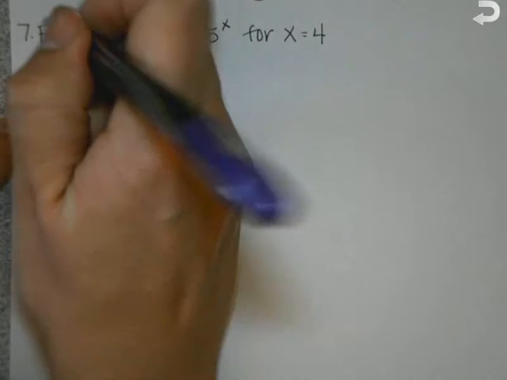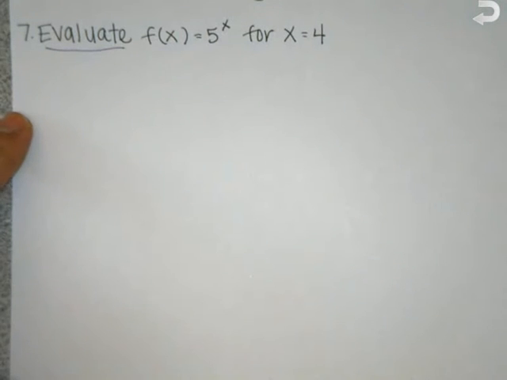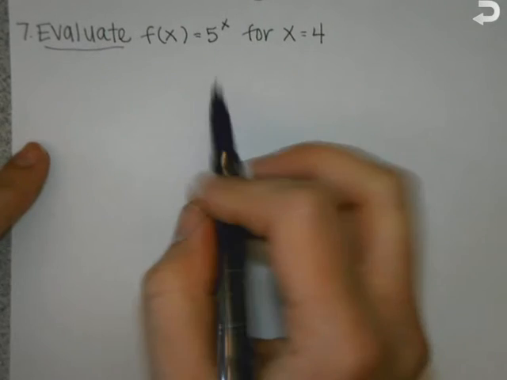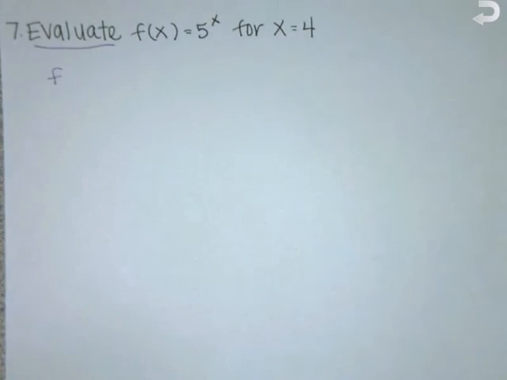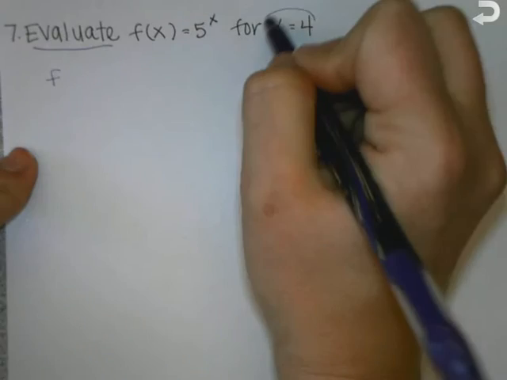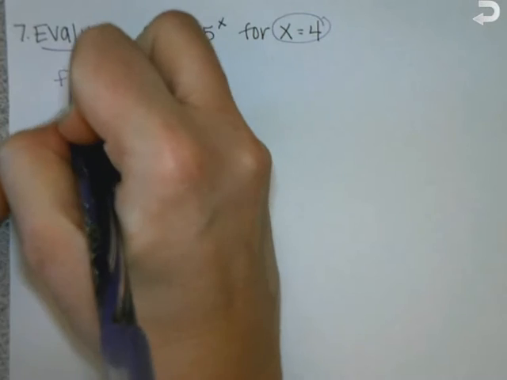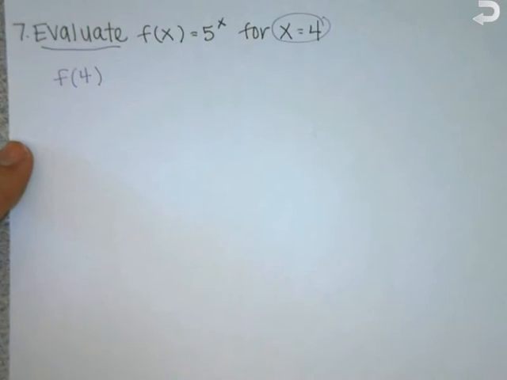Evaluate is another way of saying plug it in and simplify. Basically all you're going to do is write this in function notation. So if I'm plugging in x equals 4, I have to write f of 4, right? This is telling me what I'm plugging in for x.